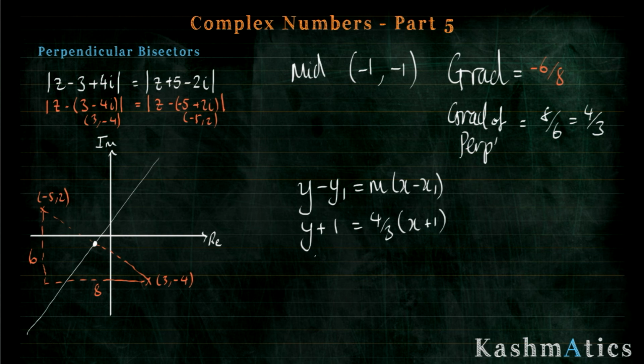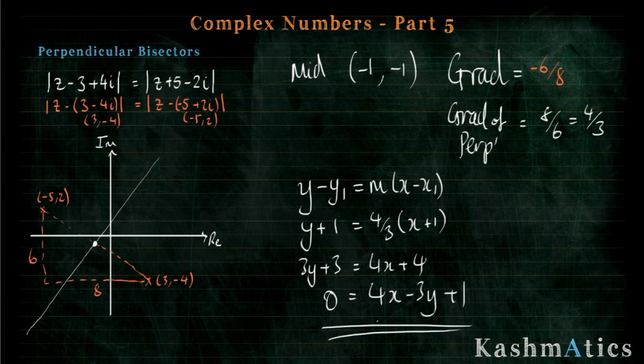Multiplied by 3, 3y + 3 is equal to 4(x + 1), and I'm going to expand the brackets, so that would be 4x + 4, and let's put all that together like this: 4x - 3y + 1 = 0. So that would be the equation of the perpendicular bisector, or the line where z needs to lie in order for it to be the same distance away from both those points.